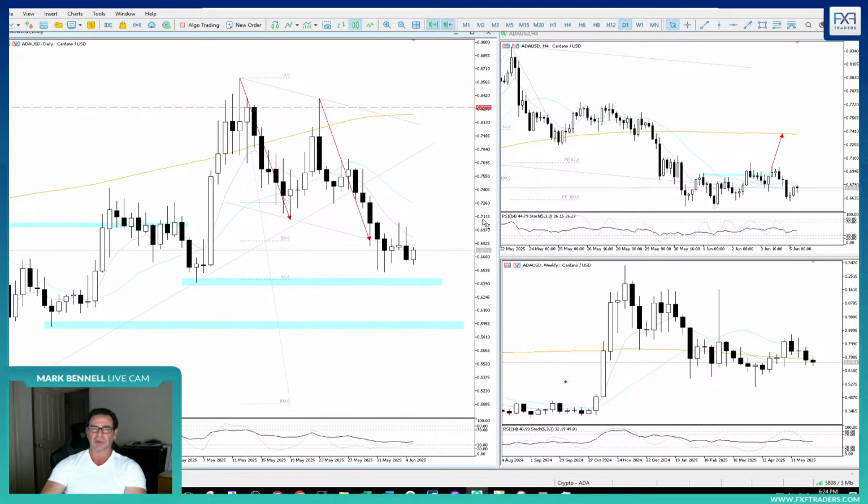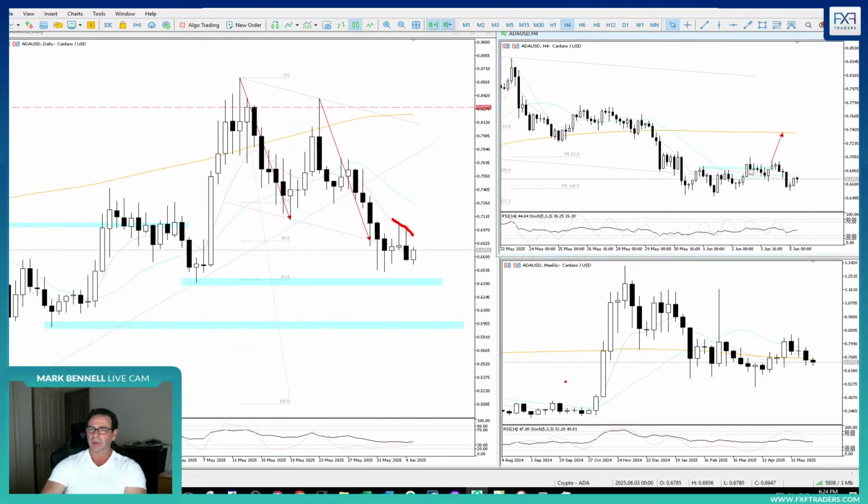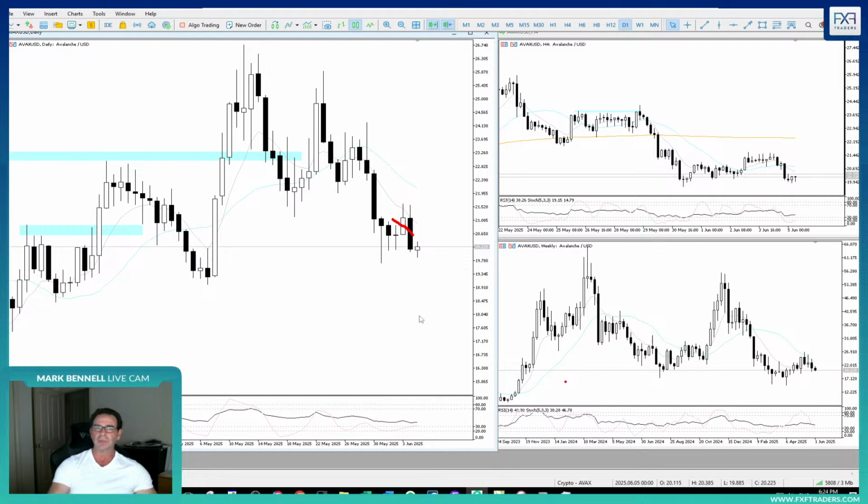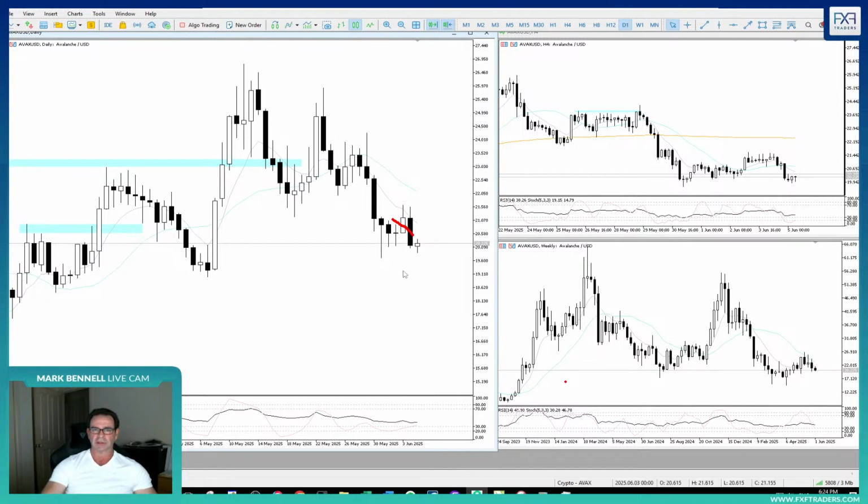All right, let's have a look at these cryptos. So as we mentioned, a lot of these, look, they've tagged the 8 and then they're heading down. Thought this might have had a little bit more potential, but no, didn't get that one right. So leave that alone. Avalanche, so these are all now looking short. Look at the big pullback on the weekly.